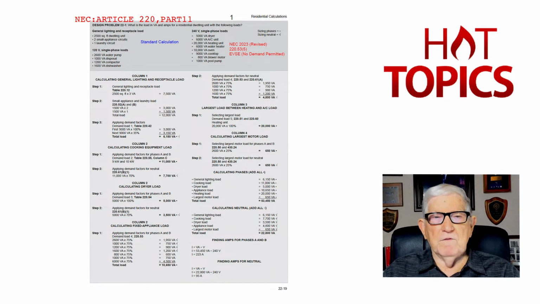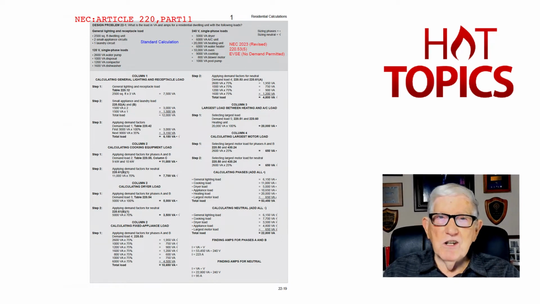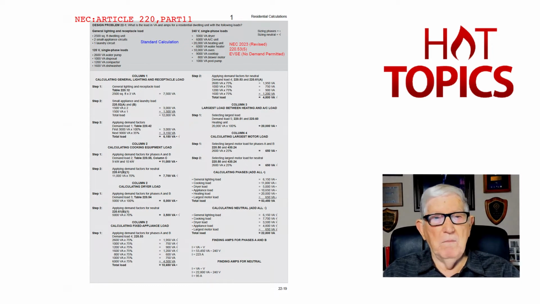Now, to find the first load in the illustration, we calculate the general lighting load and receptacle load. That's going to include all your general purpose receptacles and your lighting outlets, except for the small appliance circuits and the direct circuit loads that we would have. So keep that in mind.